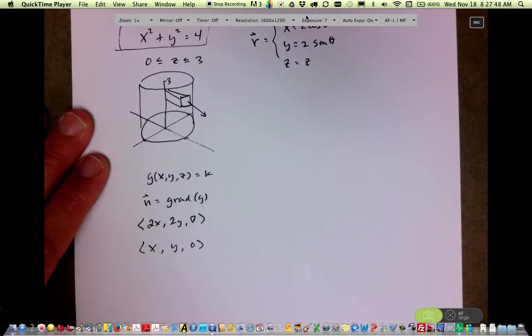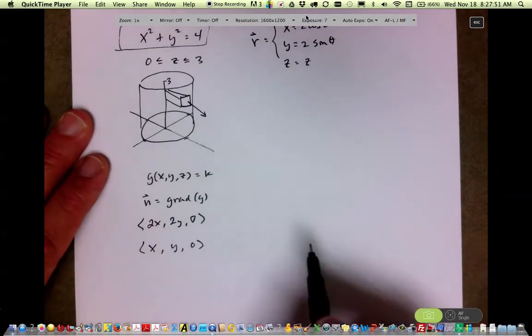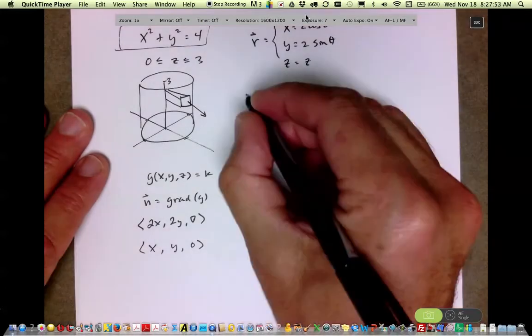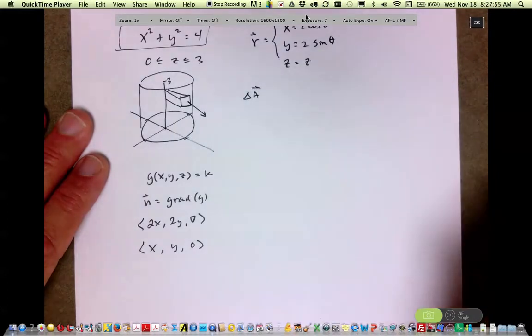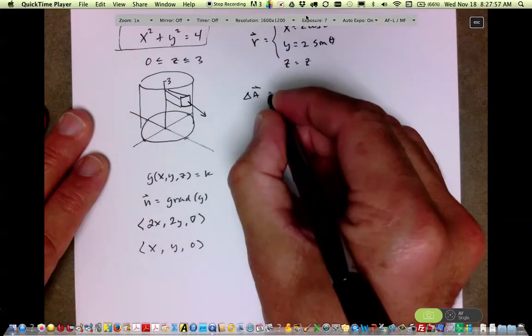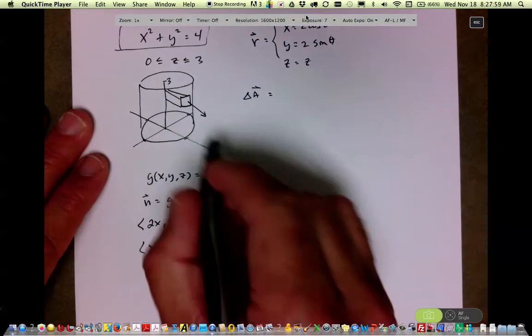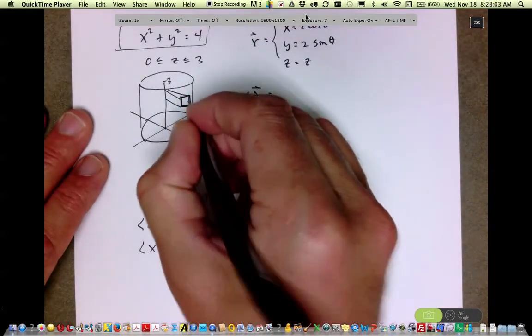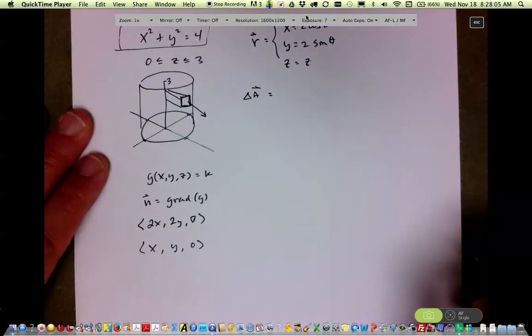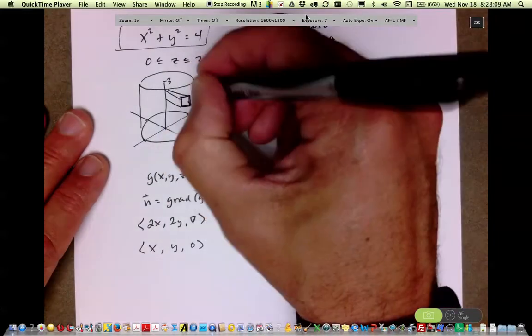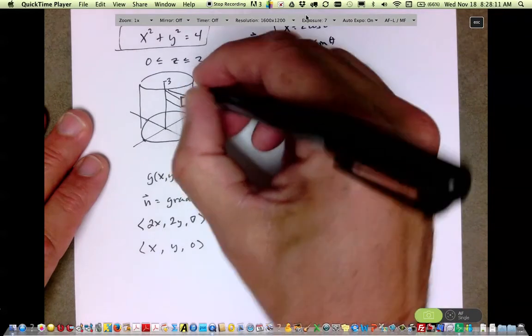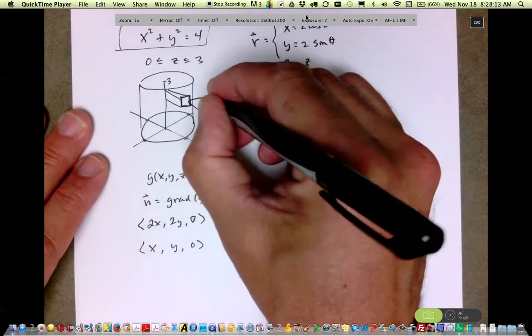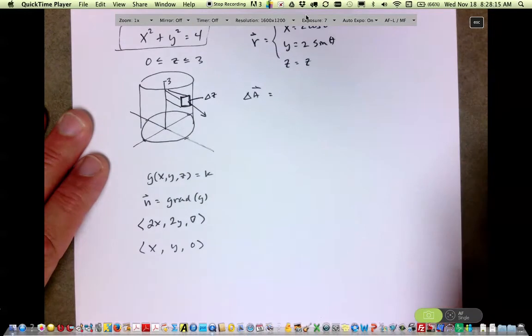Okay, so now the other thing that I want to look at is coming up with this delta A. Delta A is going to be a vector that points outward whose magnitude is the same as the size of this patch. Okay, and to find the size of that patch, I want to think about what are the dimensions of this rectangular region. This side, I'm going to say, is a change in z.